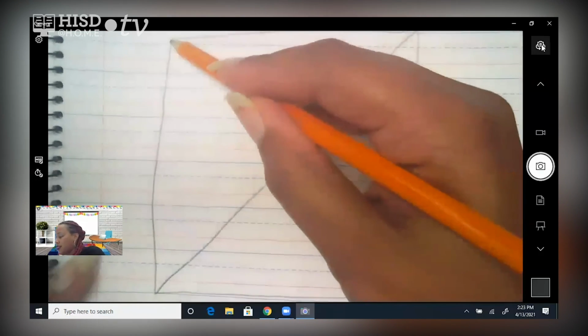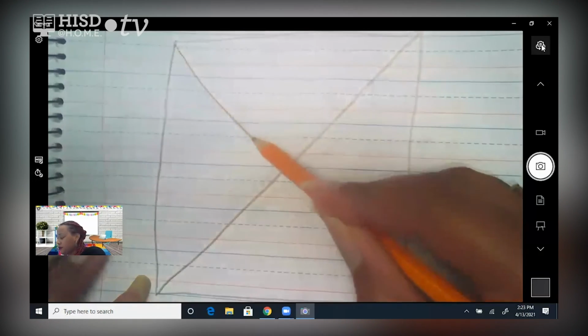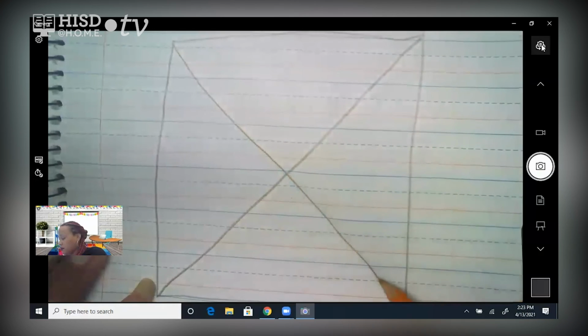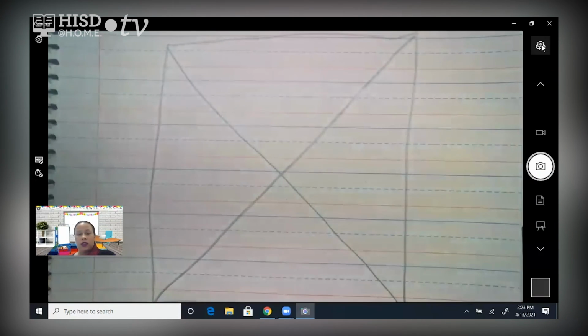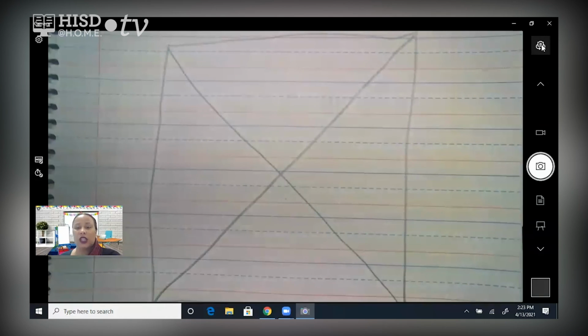Where could we add a line to this sandwich to divide it into fourths? We could draw a line going across the other side. And now we have it partitioned into fourths.